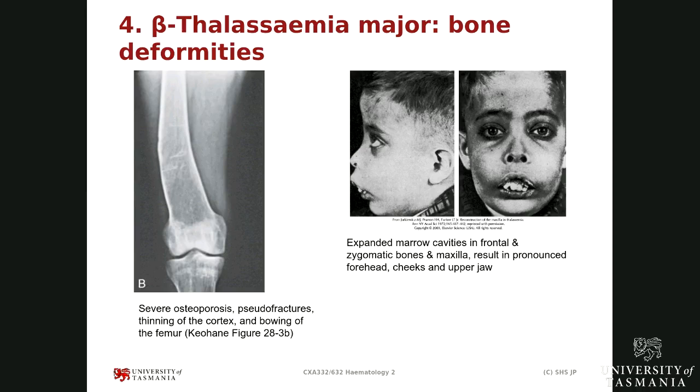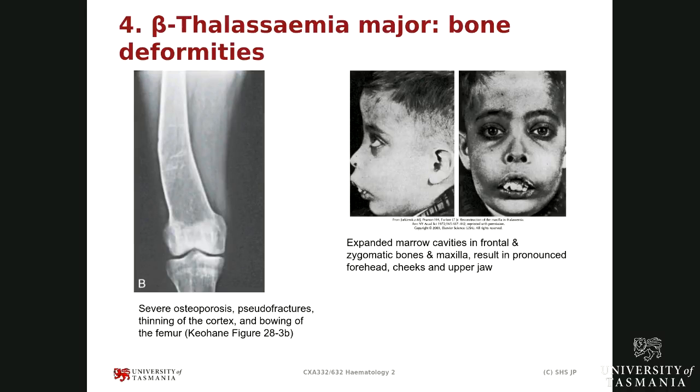And these are the sorts of deformities I was talking about. So here are the flat bones of the skull, and they have been reverted back to hemopoiesis, so the insides of the bones, the spaces, have been expanded, and this is what is causing these abnormalities in the skull bones.